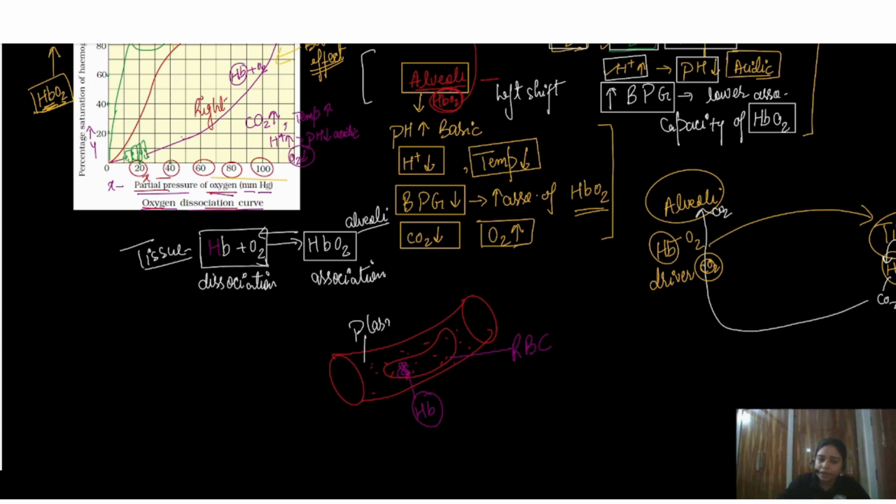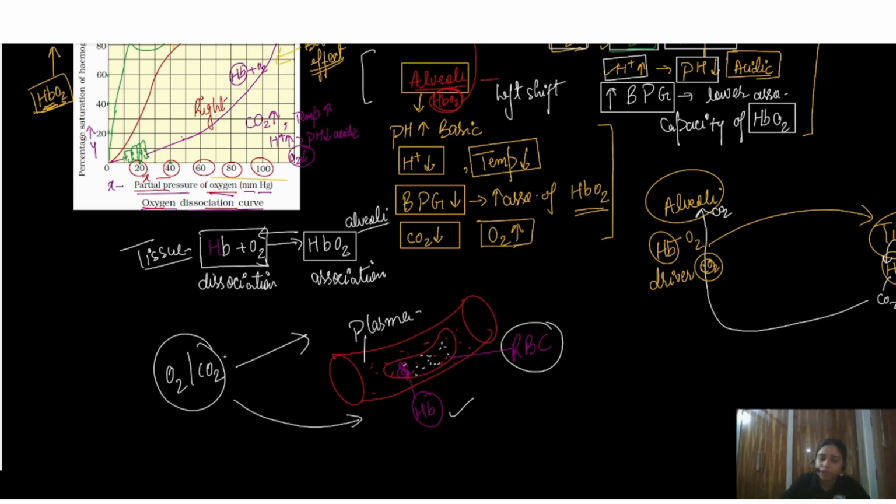So in the plasma, how much oxygen or CO2 is dissolving, and in the RBC, how much oxygen and CO2 would be held by the hemoglobin. In the RBC there is also some cytoplasm, so how the O2 and the CO2 become dissolved in it. Their percentage we should also know, in what way it is transporting.